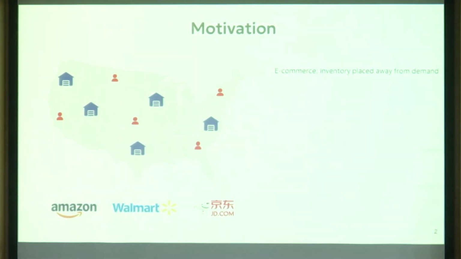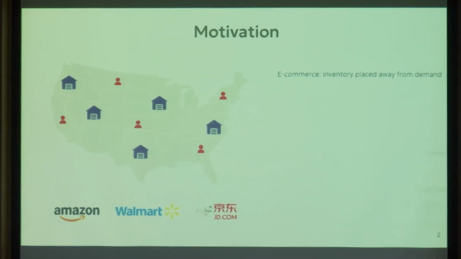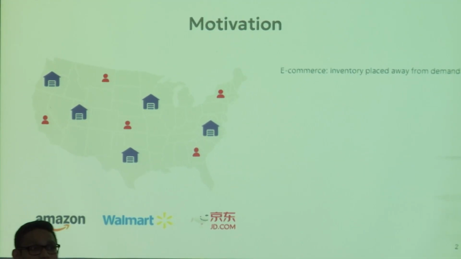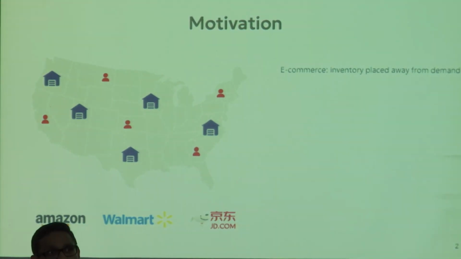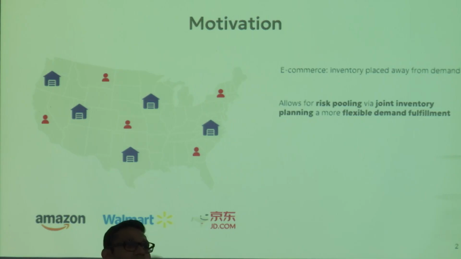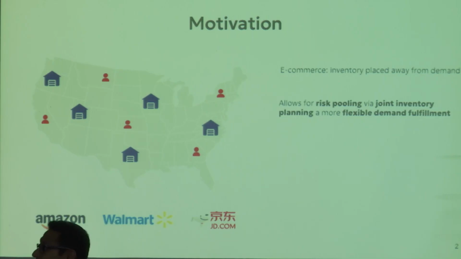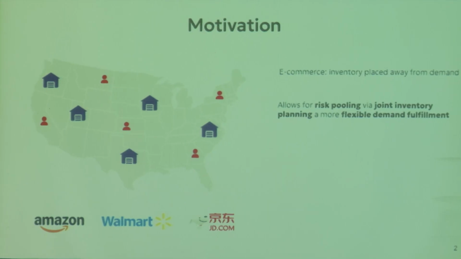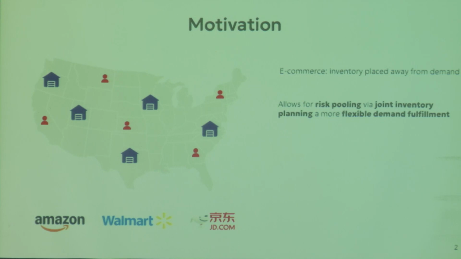In e-commerce, you have the advantage of placing inventory away from the demand, and therefore you're able to have better inventory policies by risk pooling over a cluster of demand. But you're placing inventory far from demand, and you have multiple warehouses. So it gives a huge advantage as compared to a policy which was planning inventory for each location separately.